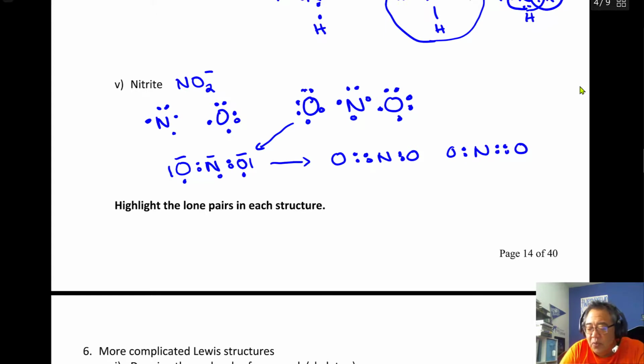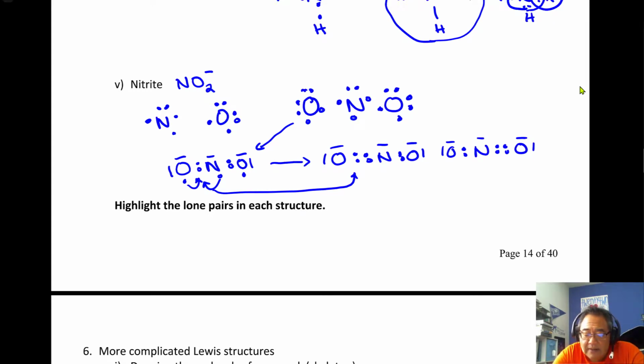So if I'm going to do the one on the left, then I'm bringing in a pair of electrons like this, and that's what gives me that structure. Or I could do it the other way, and that would give me the other structure. In terms of the lone pairs, they're going to be like this, right? That hasn't changed. It's just that where the dots are going is changing. It's going to look like that.